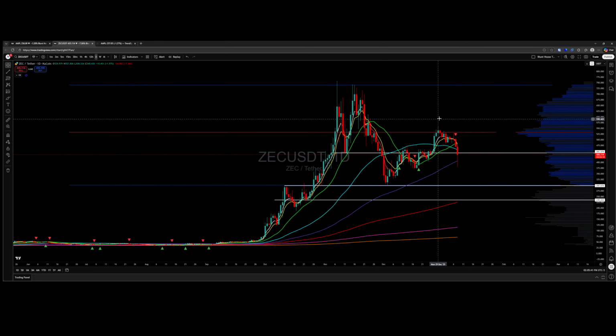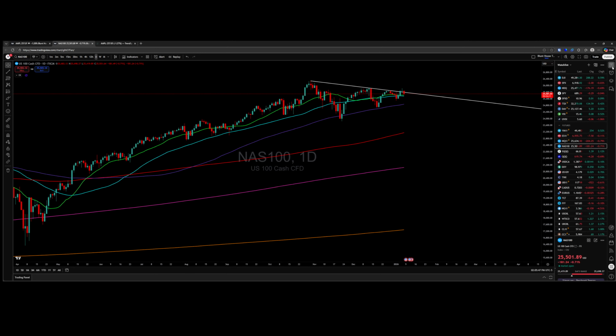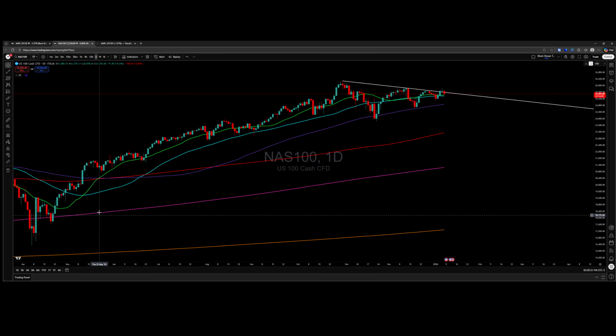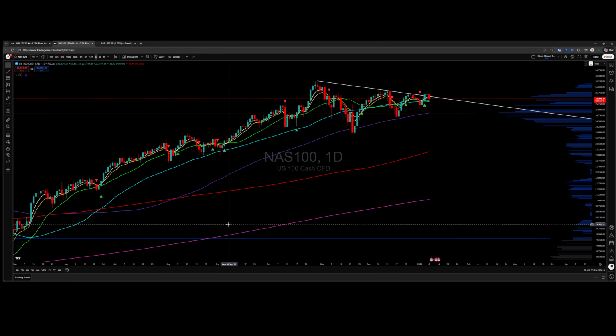And also pay attention to weekly charts right now. If we look at the indexes, let's look at our NASDAQ 100 chart that we've been using. There we go. Drop this trend line down here where we could connect that first lower high.